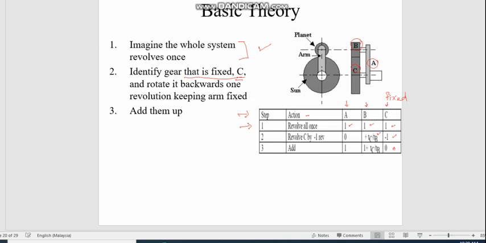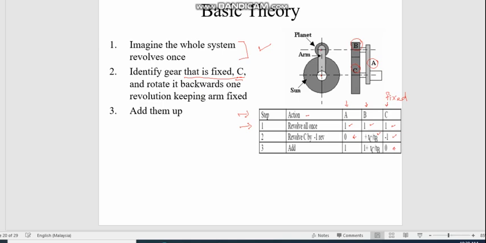And since B has no fixed connection with C, revolving around its individual axis, A will have zero rotation, right?